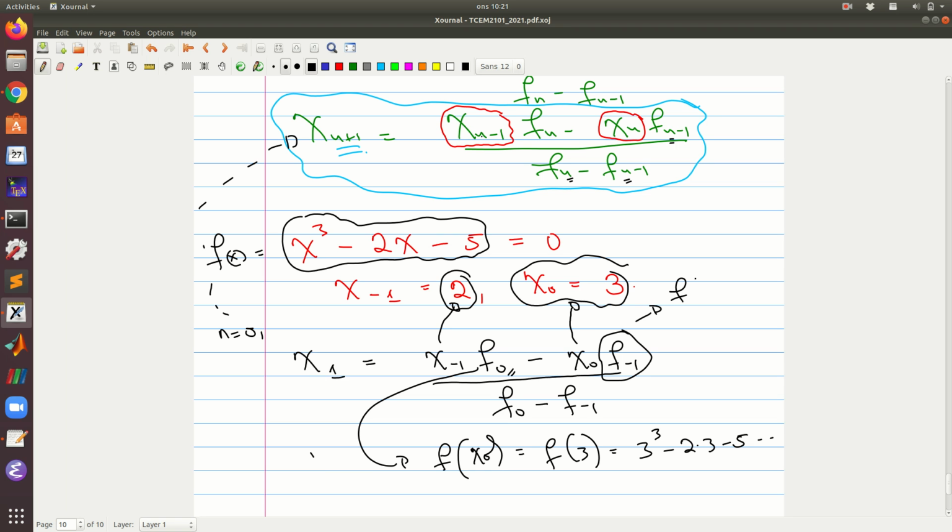This is simply f at x negative 1, which is simply f of 2. Then we just substitute this value in here, which is 2 to the power 3 minus 2 times 3 minus 5. Alright, so that's all we'll need.